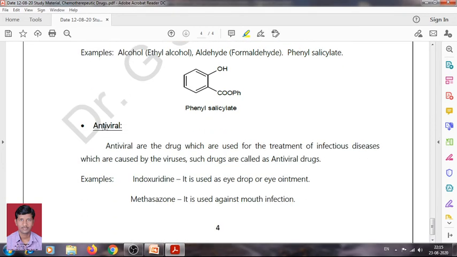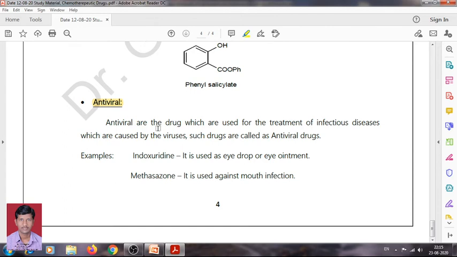Okay. Now the next point is antiviral drugs. The antiviral drugs are those drugs which are used for the treatment of infectious disease caused by viruses. It means those diseases which are caused by viruses, and if any drug is used for the treatment of infectious disease caused by viruses, such drugs are called antiviral drugs.